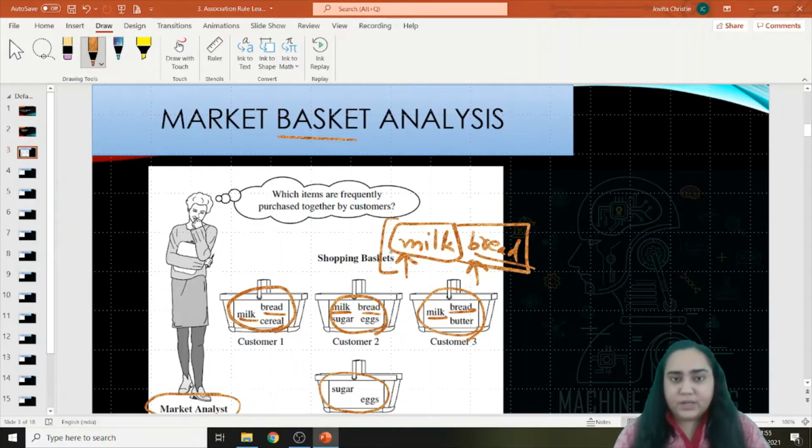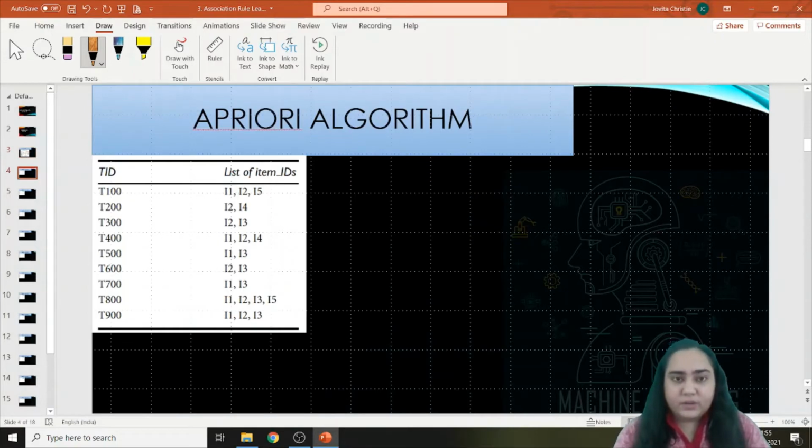You have to analyze the baskets of all the customers. In other words, you have to analyze the transactions of all the customers. So in that case, we apply something called the Apriori algorithm. The Apriori algorithm helps you find items which are frequently bought together.